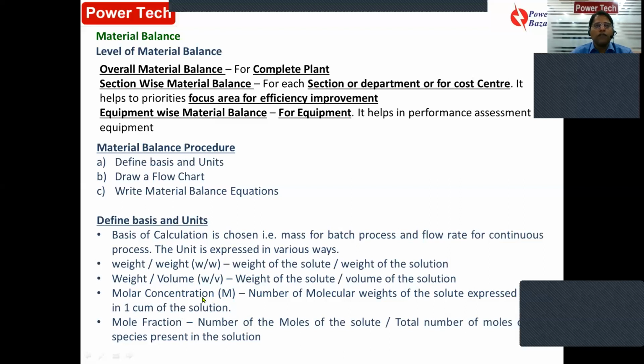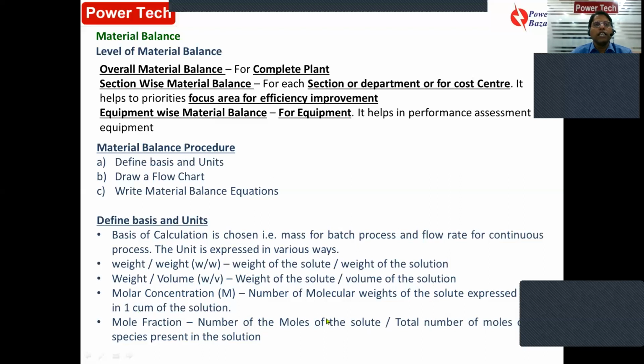That means if salted water is there, some salt has been added, then you calculate the molecular weight of the solute in kg, divide it by 1 cubic meter of solution and find the molar concentration. Then mole fraction: the number of moles of the solute divided by the total number of moles of all species present in the solution.